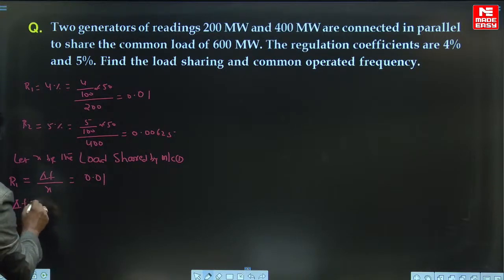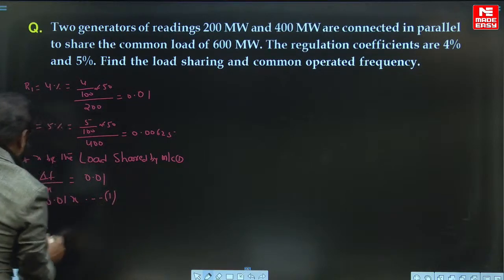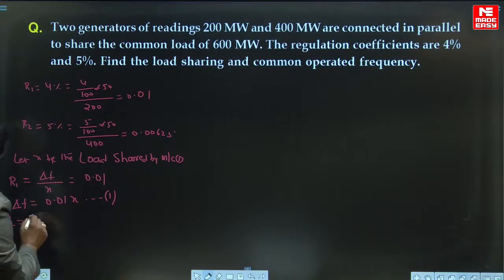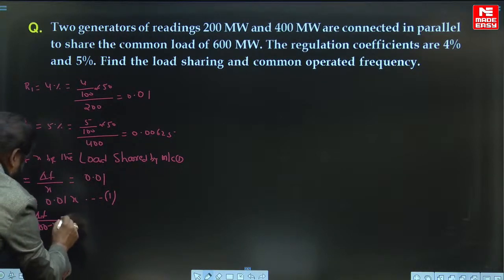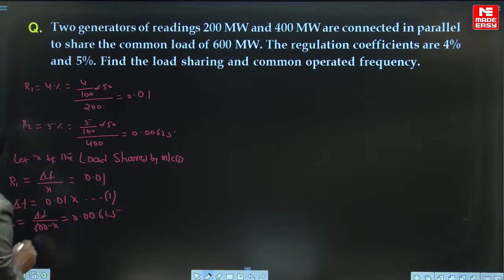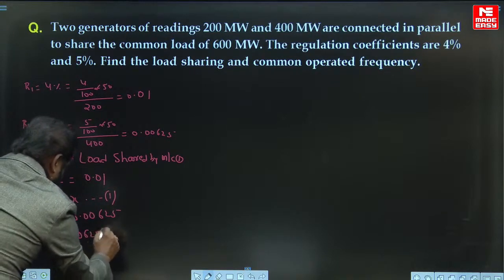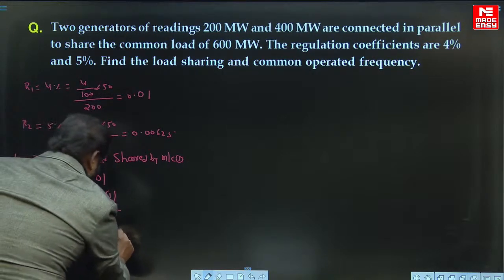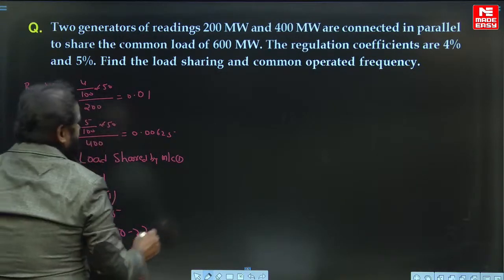Therefore del F equals 0.01 x. This is the one equation. R2 equals del F by (600 minus x), that equals 0.00625. From this, del F equals 0.00625 into (600 minus x). This is your second equation.